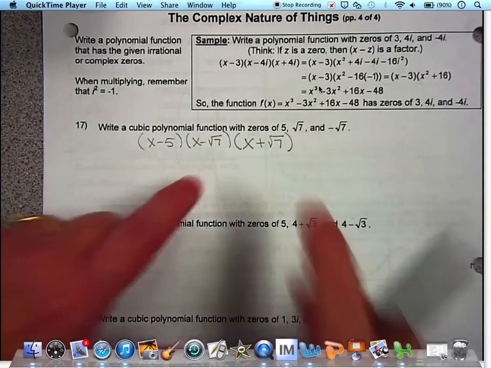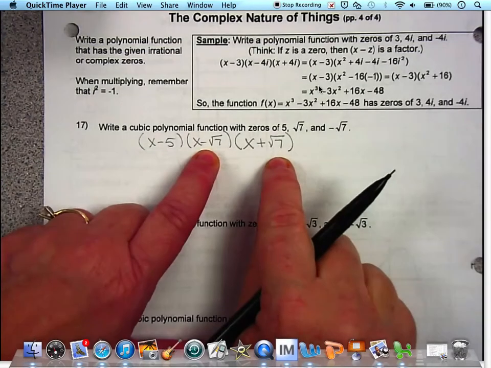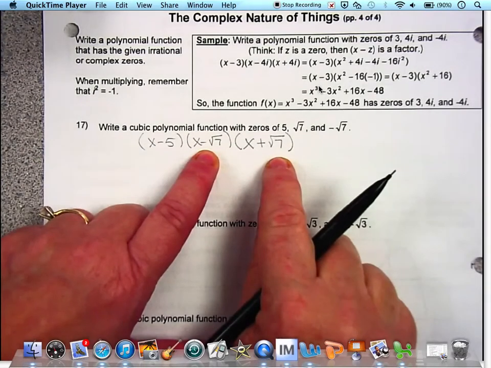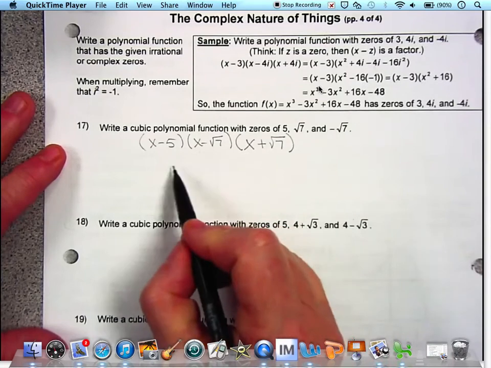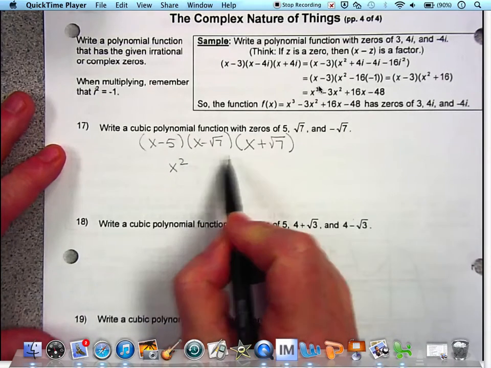Let's multiply x minus square root of 7 and x plus square root of 7 first. It's a difference of squares, so it will be x squared minus 7.